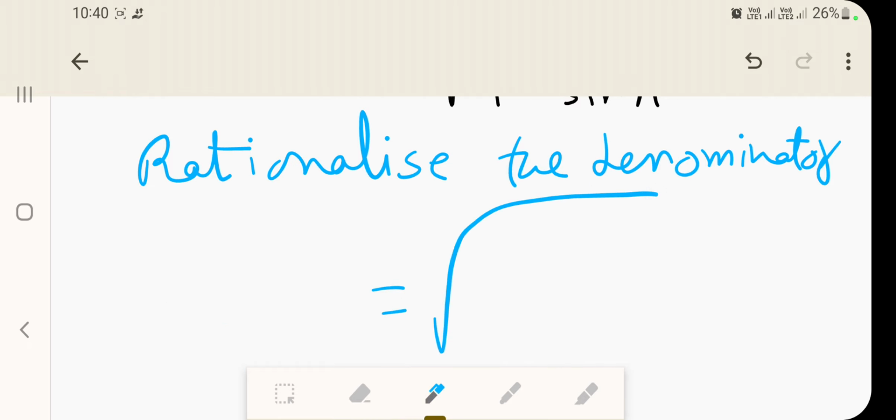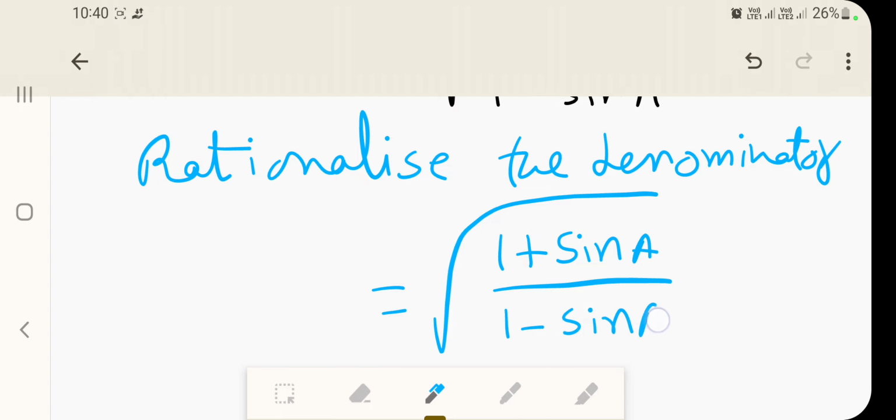We will write here the step. What they have given is 1 plus sine A, and in the denominator 1 minus sin A. We are going to do the rationalizing.